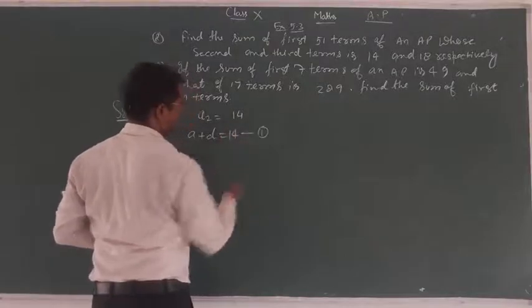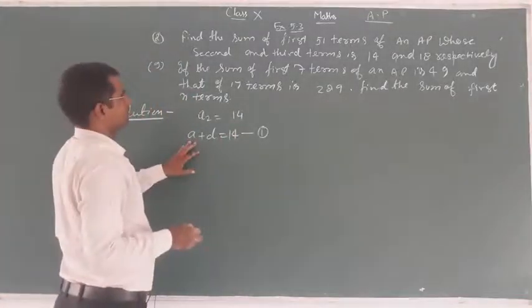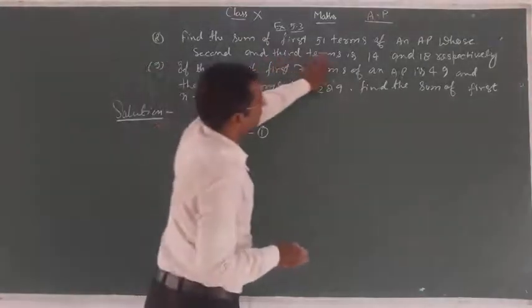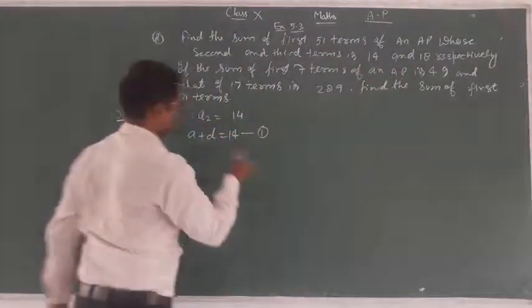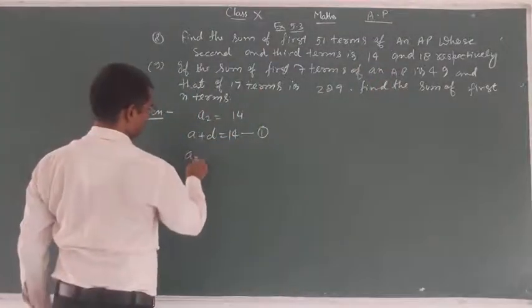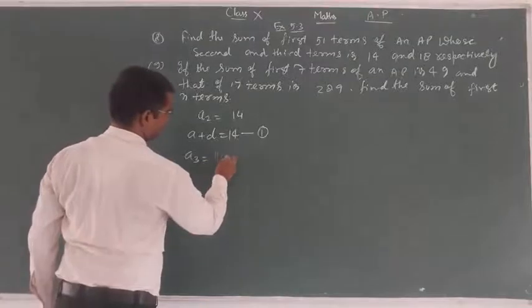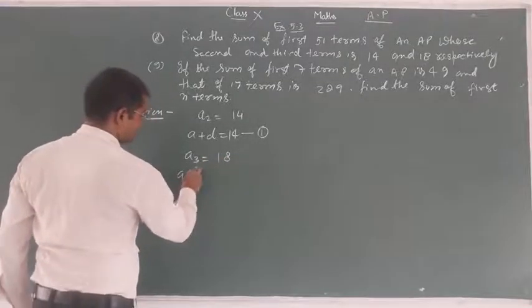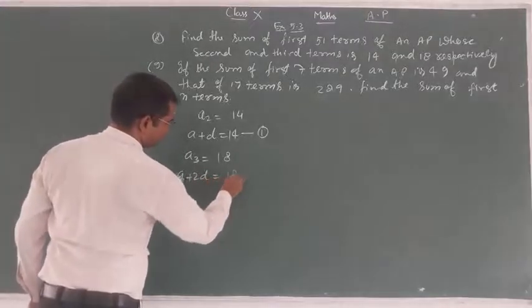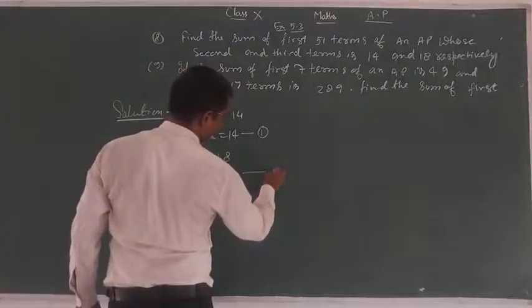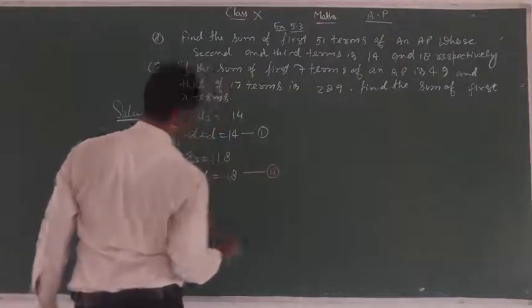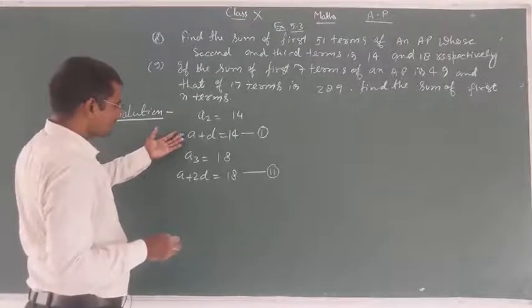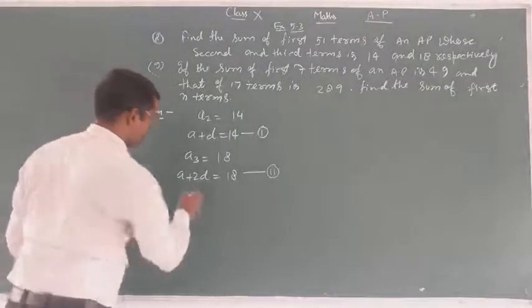Let this be equation first. And also the third term is 18. So A3 is equal to 18, so A plus 2D is equal to 18. Let this be equation second. Now subtract the first and second equations from each other.